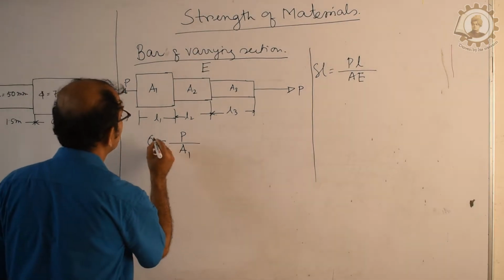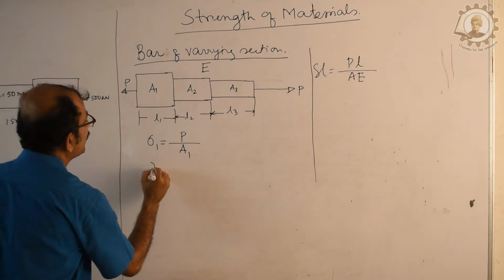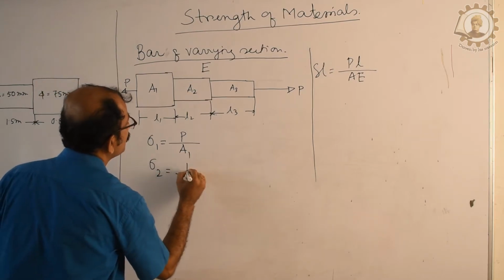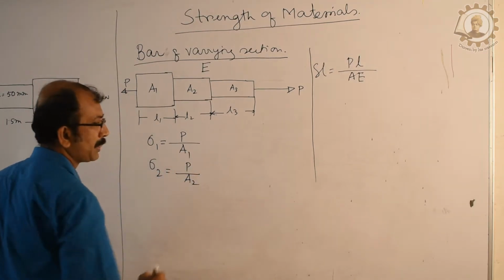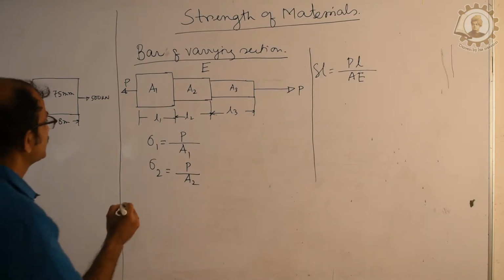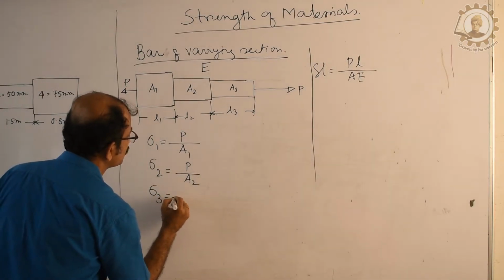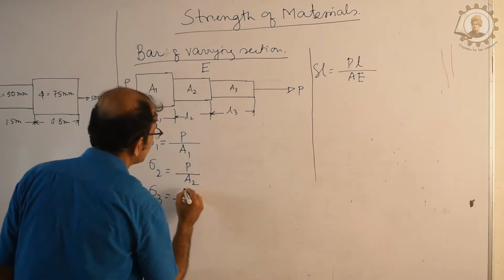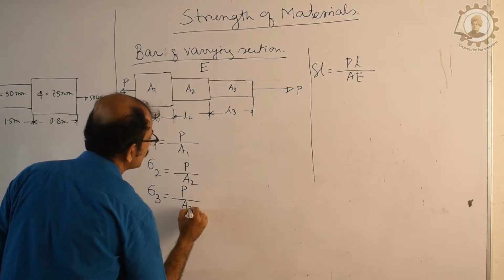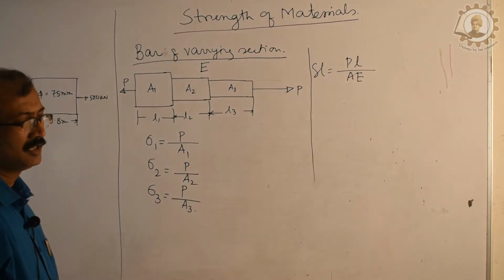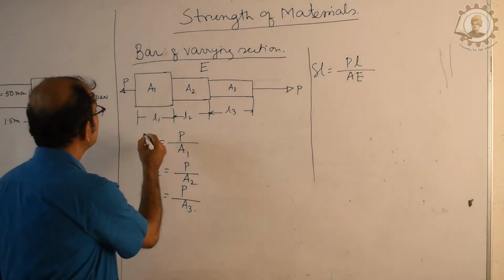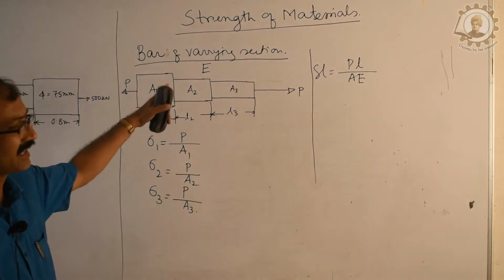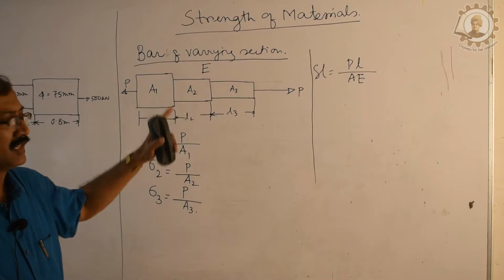So this is the stress developed in the first part. Similarly sigma 2 is P by A2, and sigma 3, the stress developed in the third part, is P by A3.